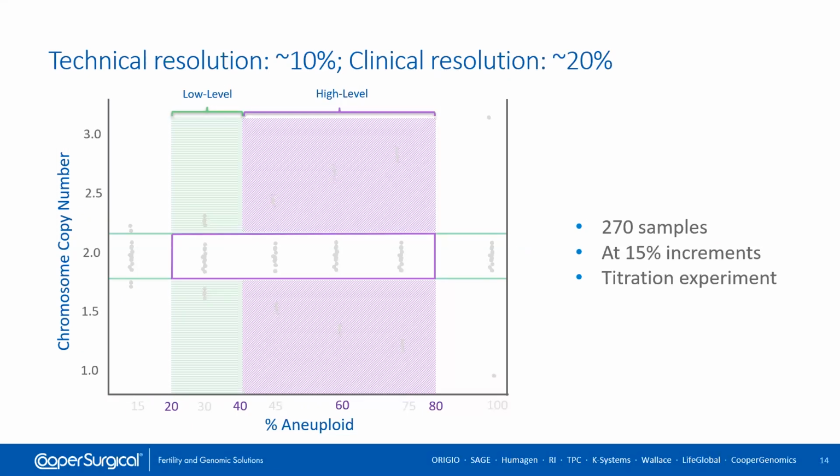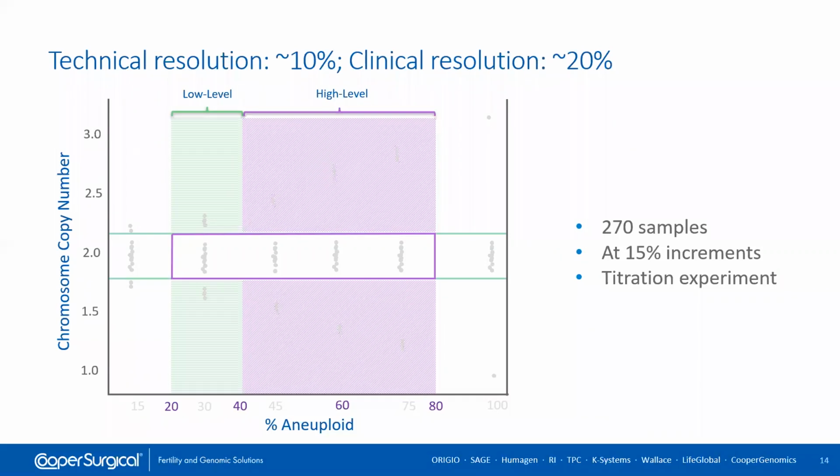Then those which are closest to euploid, so the 20 to 40%, so typically say 1 abnormal cell, these are low-level mosaics. Anything above 40 to 80% fit in the high-level mosaics, and above 80% aneuploid. We do not further subdivide. We do not try and give you an exact percentage on the report.